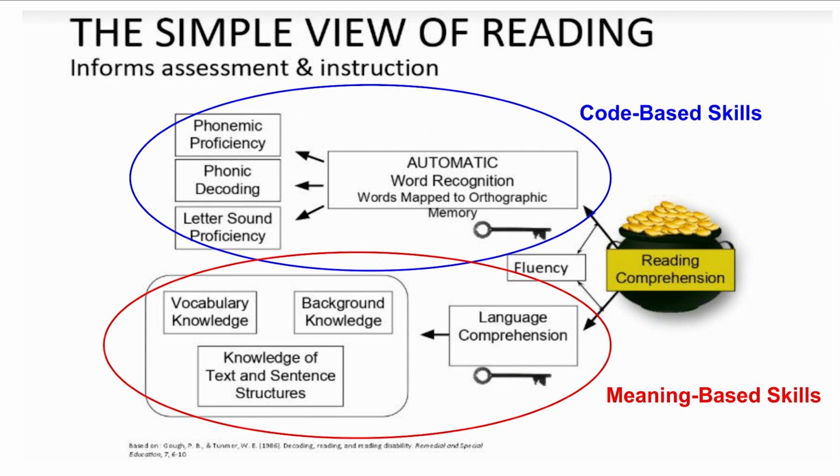When you think about the code-based skills and the meaning-based skills, and that we have to start talking about readers within these two pieces to make up that pot of gold, which is reading comprehension, that's very powerful to be coming from a keynote talking about the next generation learning standards. And it gets me so excited when it is that aligned to what the research is saying about literacy instruction.